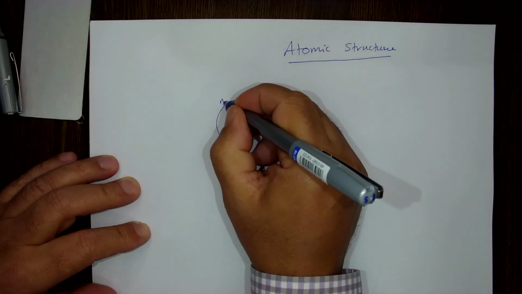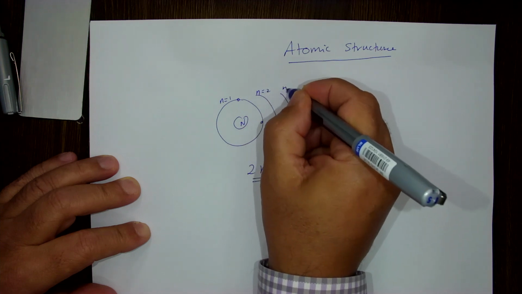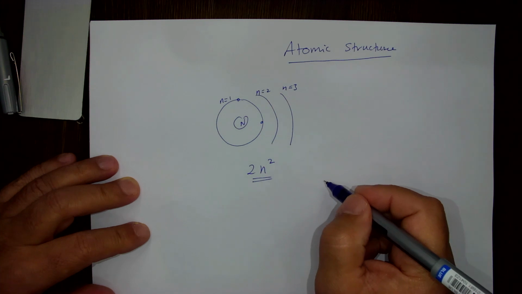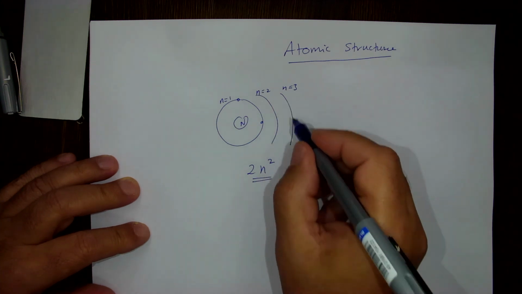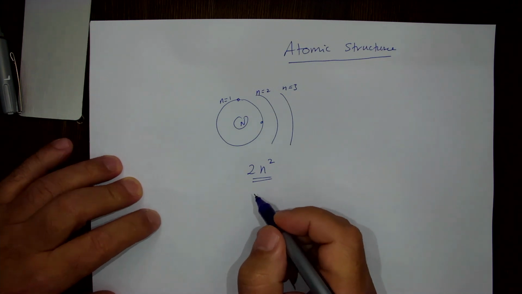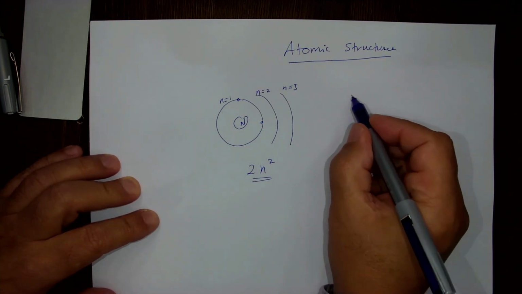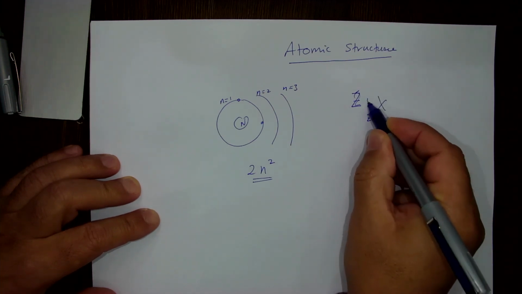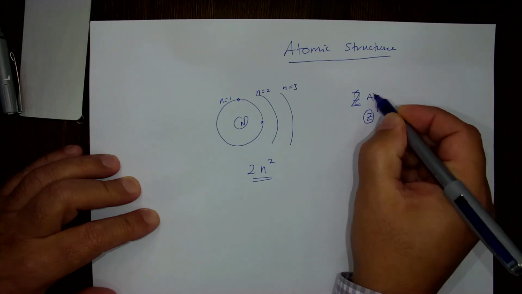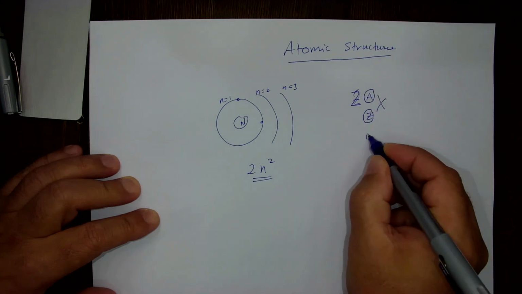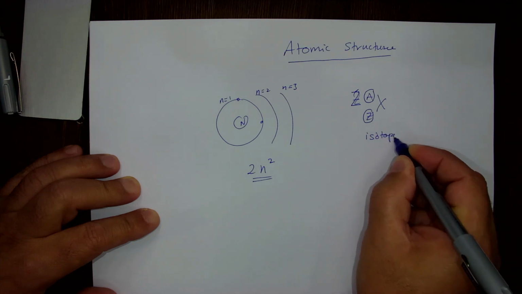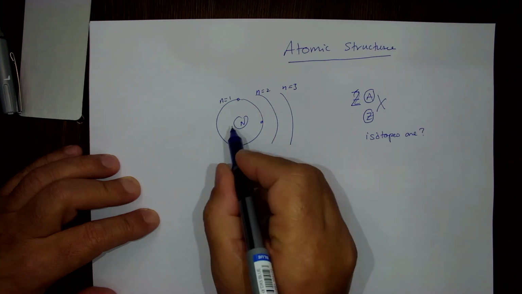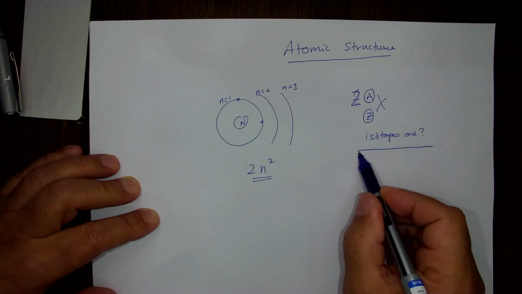This is n equals 1, n equals 2, n equals 3, and the n's are called the principal quantum number. You also need to know what Z and A represent in the notation X, Z, A, and what isotopes are. I think that's it in terms of the definitions.